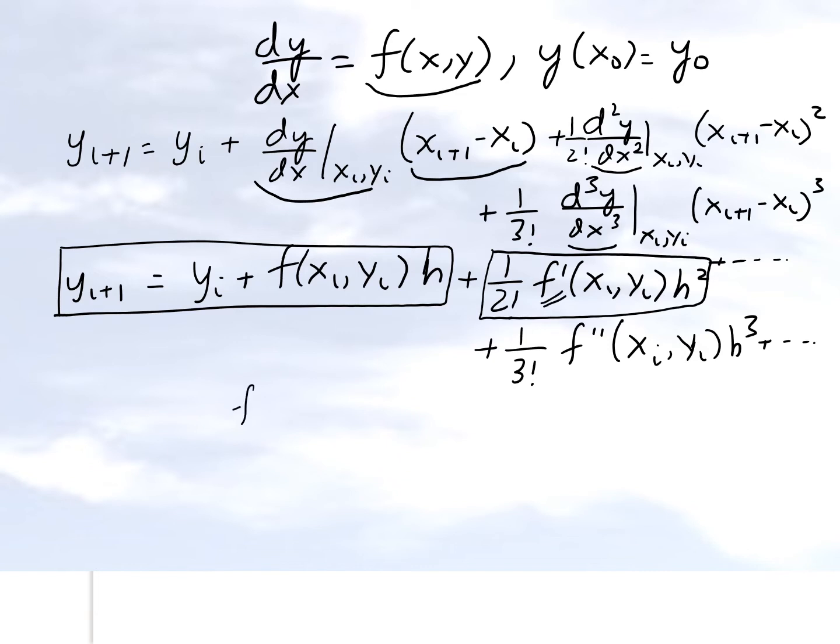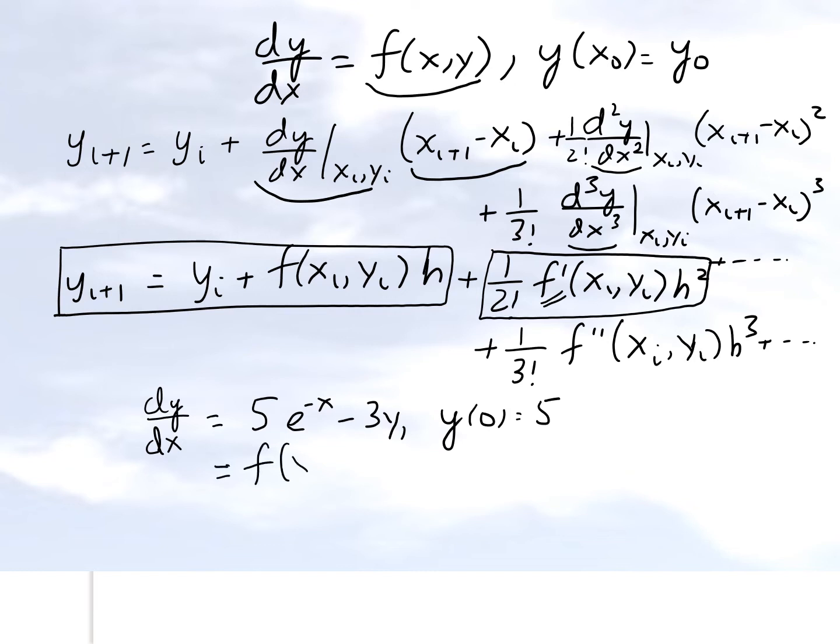So for example, your differential equation given to you is like this one. Then in this case, that is the function f, which we call the function f. If we have to find f prime of x comma y, then we'll have to use some kind of chain rule.